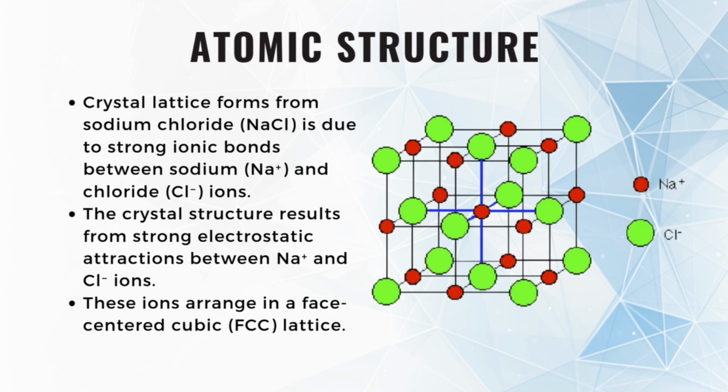In an FCC lattice of sodium chloride, each sodium ion is surrounded by 6 chloride ions, and each chloride ion is surrounded by 6 sodium ions. This cubic arrangement creates strong attraction between opposite charges, making the structure stable and energy efficient.